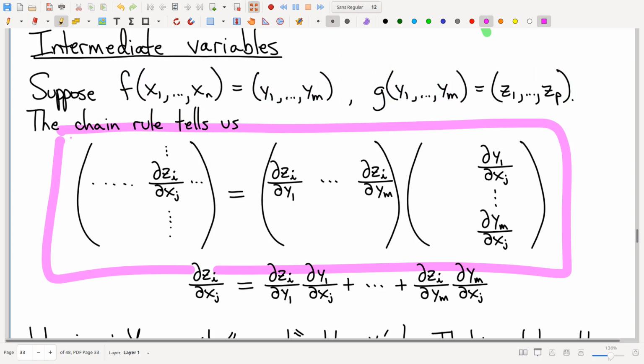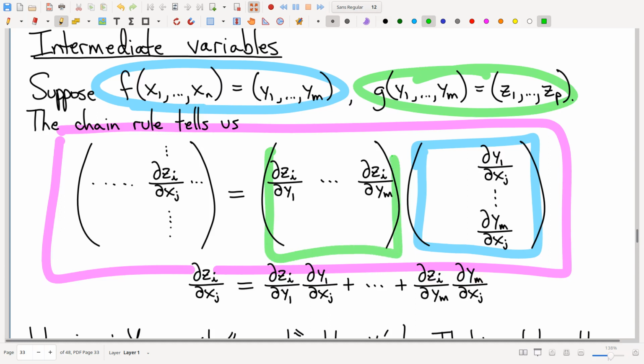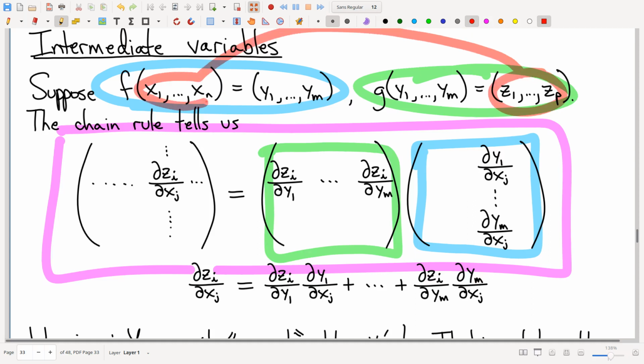So notice all of the partials of the y's with respect to the x's. That's the DF matrix. All the partials of the z's with respect to the y's, that's this matrix. And all of the partials of the z's with respect to the x's.